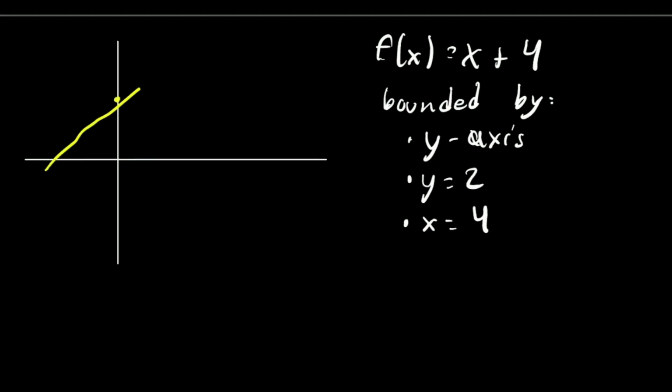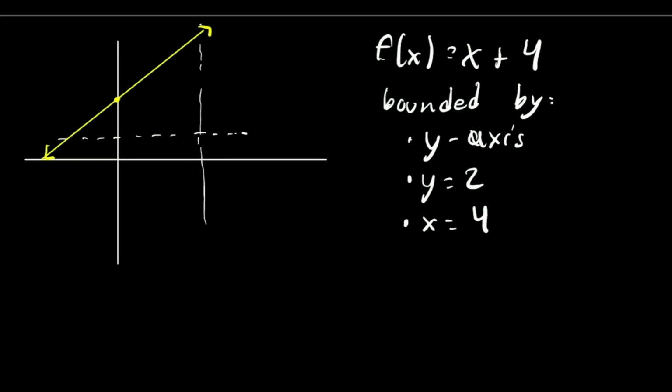And a very bad line. And that's our f of x. So then here's y equals 2. And x equals 4, let's say is about there.